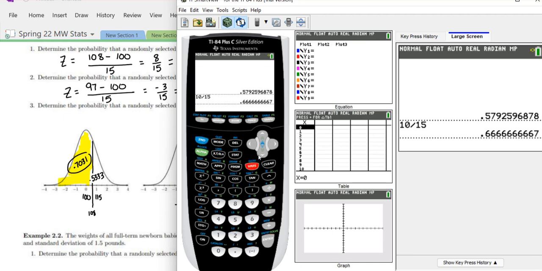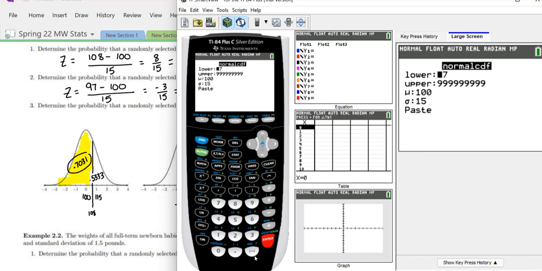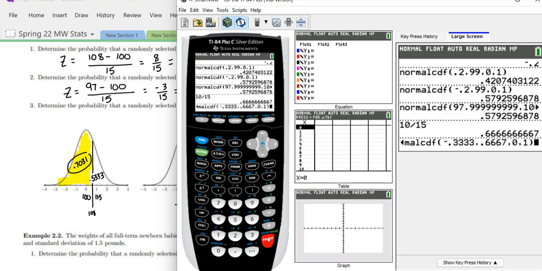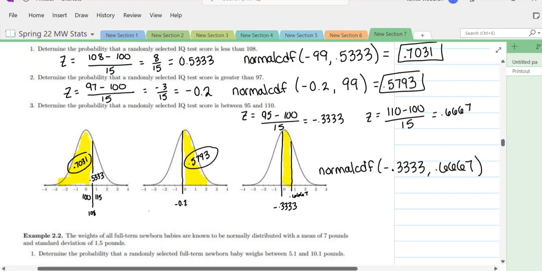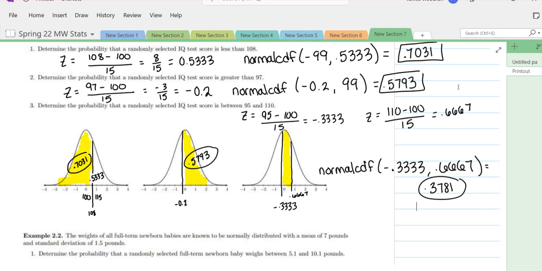So second distribution, normal CDF, negative 0.3333, and then 0.6667, with a mean of 0 and a standard deviation of 1. That's going to give us 0.3781. So the probability that a randomly selected IQ test score is between 95 and 110 is 0.3781.